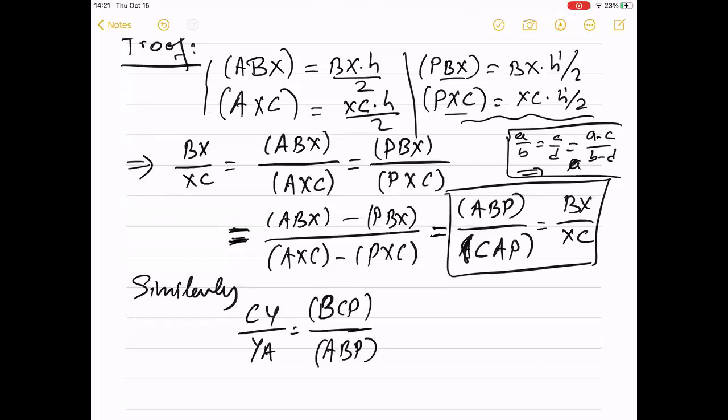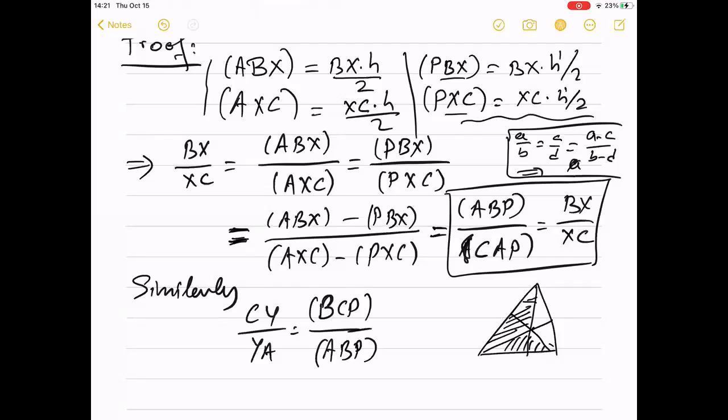Let me draw once again like this. So this is CY over YA, BCP, this shaded area over this shaded area.